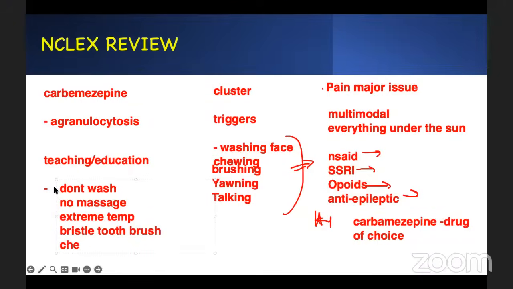And then they chew on the unaffected side as much as possible. They can also eat some soft diet that is high calorie. That also helps these people as much as possible.